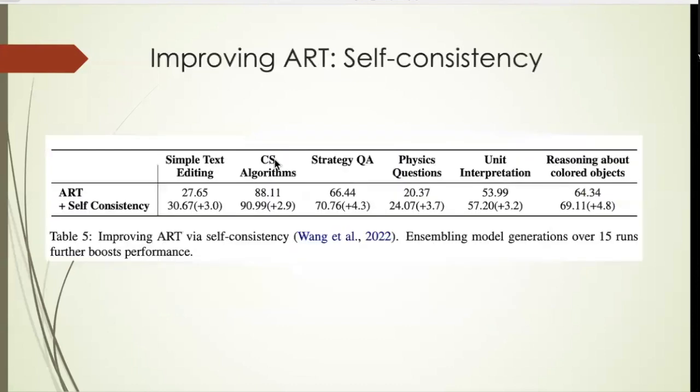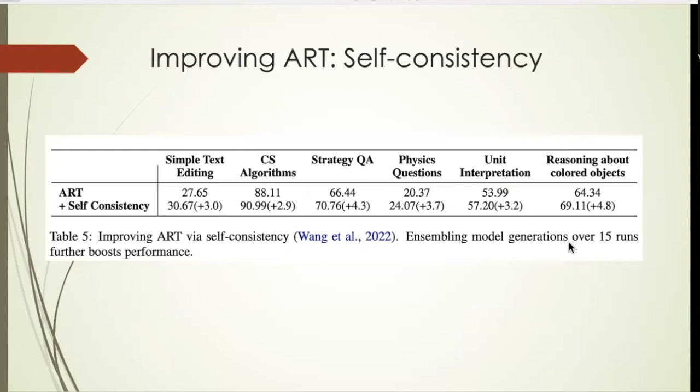They also have some evaluation against the self-consistency. The self-consistency is because, as we know, the LM is not deterministic, right? Depending on the temperature you set, if you prompt it different times, you may end up with a different answer.